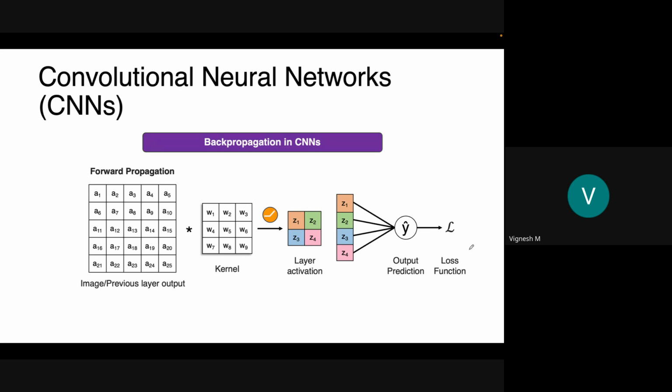Okay. Now let's talk about backpropagation. How does that work? Can anybody tell me what we are trying to figure out with backpropagation here? What is the aim of backpropagation, basically?